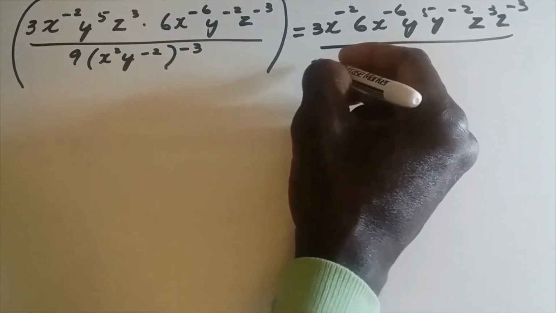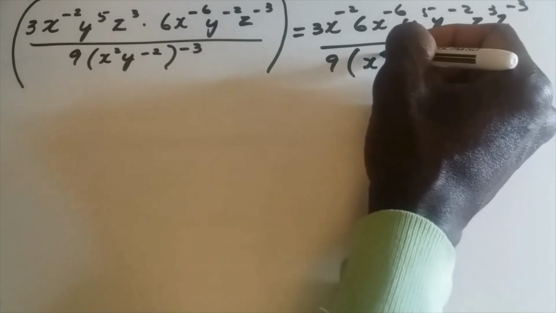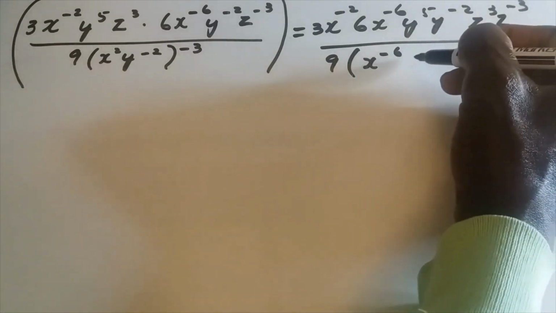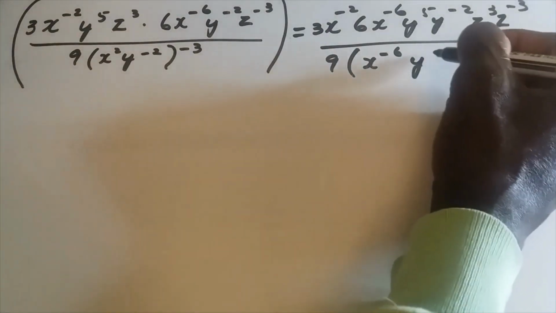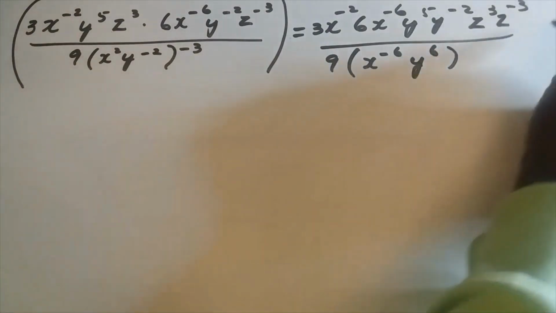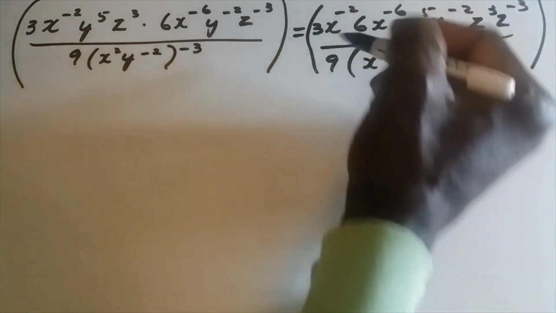All that over 9x to the minus 6. We'll clear the brackets here, and y to the 6th power. All this is raised to the minus 3.